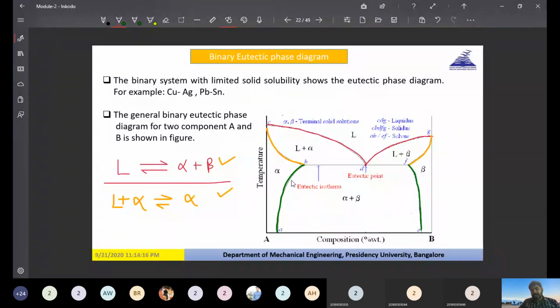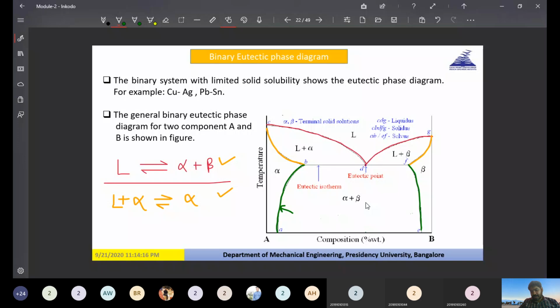Tell me what this green line represents. Yes, Arjun, you tell. Solvus line, sir. What is the definition of the solvus line? It's a line which separates one region, like alpha, from the alpha plus beta region. It is better to say the line which separates one solid phase from two solid phases.